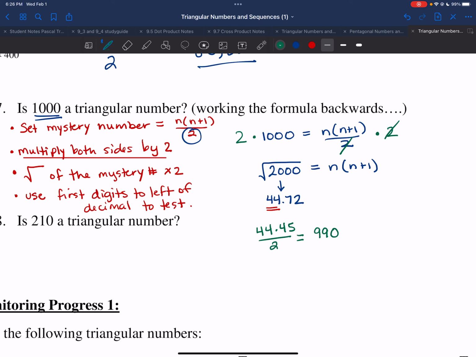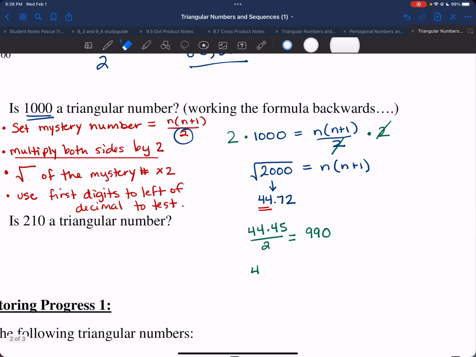If it's more than 1,000, then that won't be our number. So let's check. I'll do this over here so that we have a little bit of room. If I do 45 times 46 divided by 2, that ends up with the number 1,035.